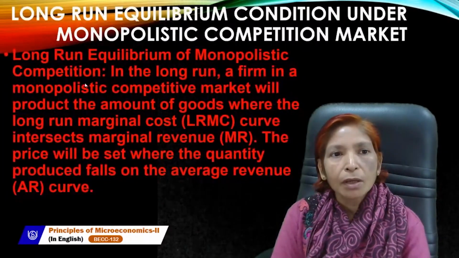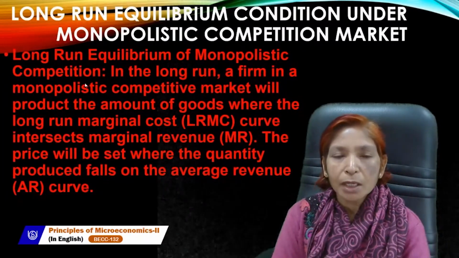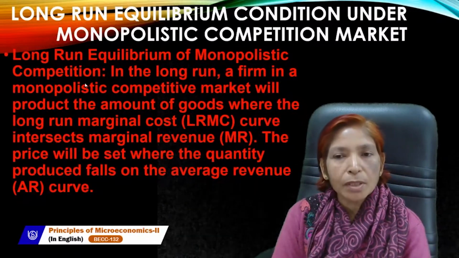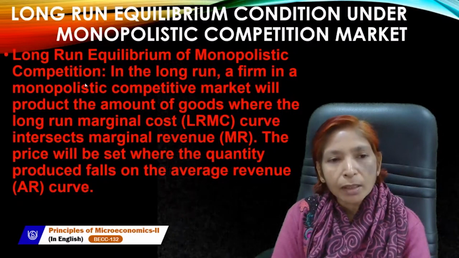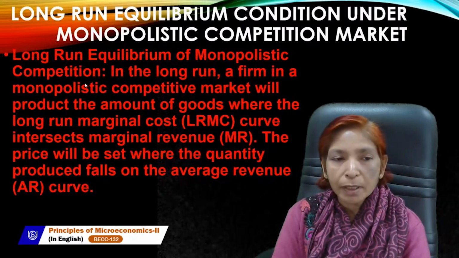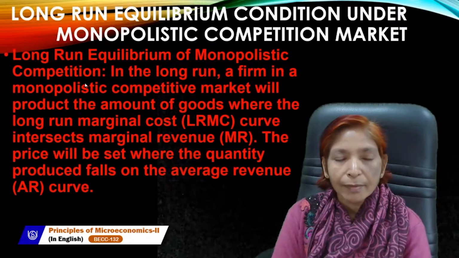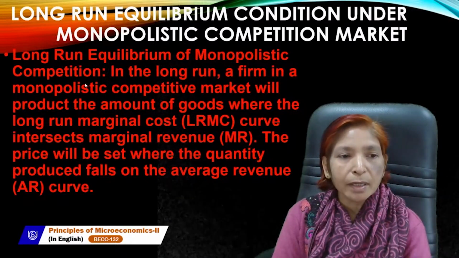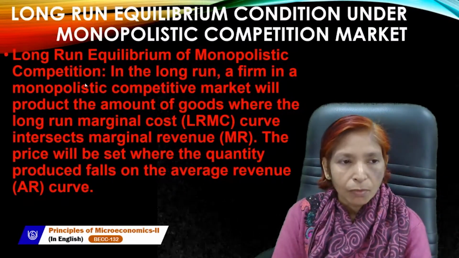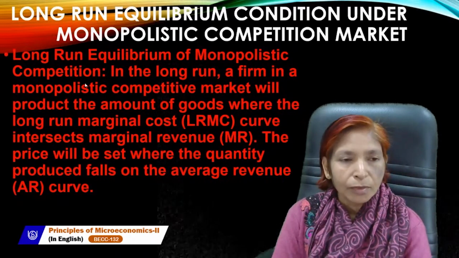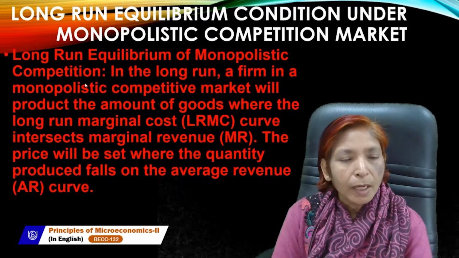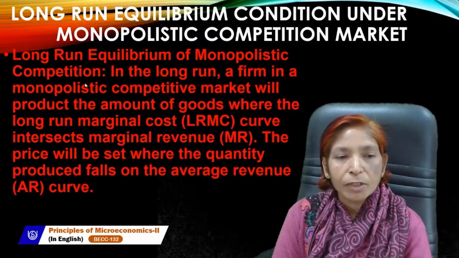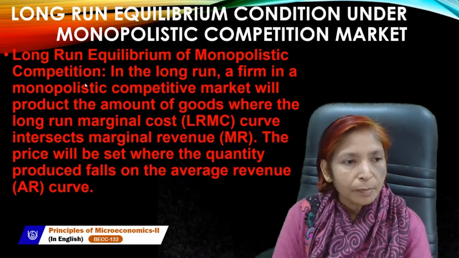Now next is the long run equilibrium condition under a monopolistic competition market. As you know, the long run is a long time period. Marshall has classified time period into three categories. The very short period, which is known as the inelastic time period, in which supply and demand can't change.